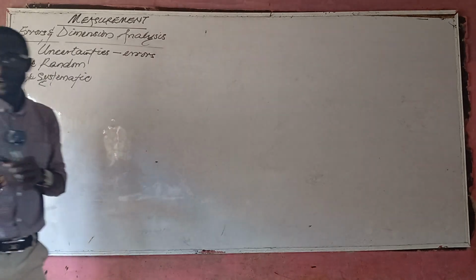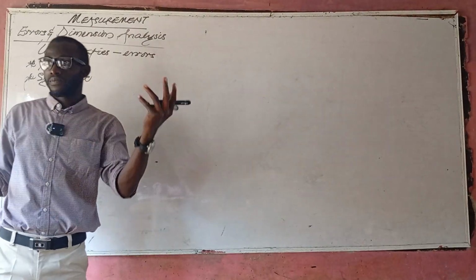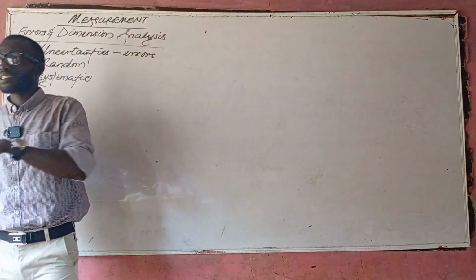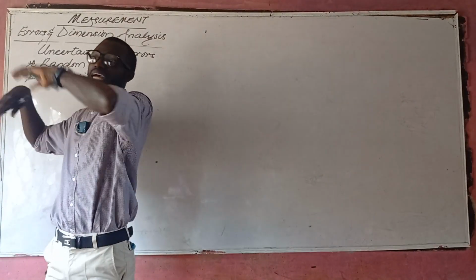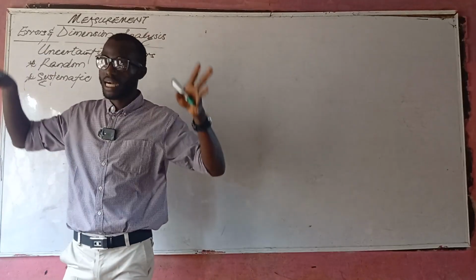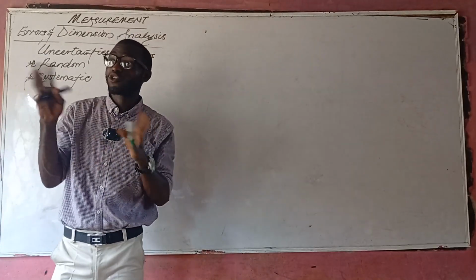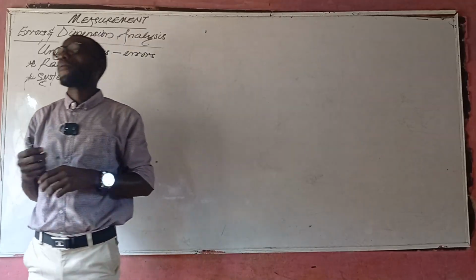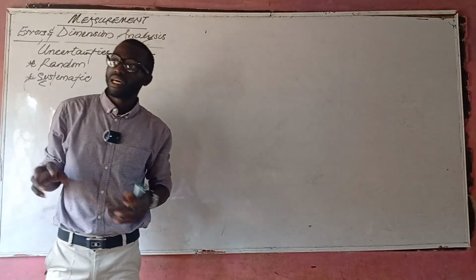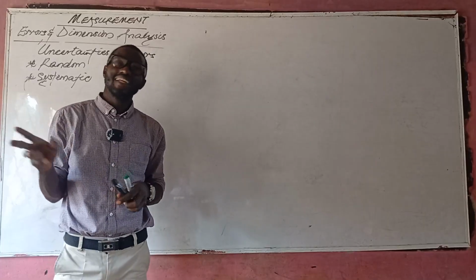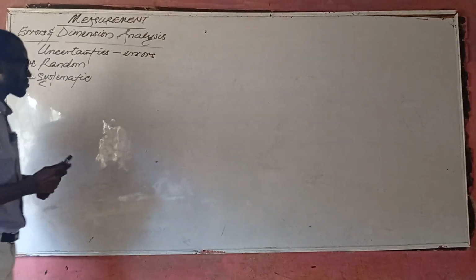Random error simply means errors from any source. Exactly. But systematic error, I think, is divided into maybe four.